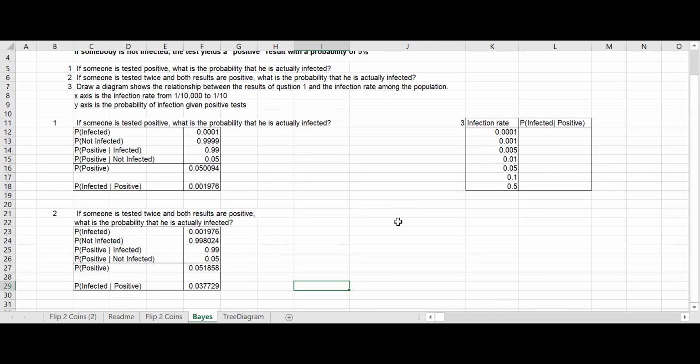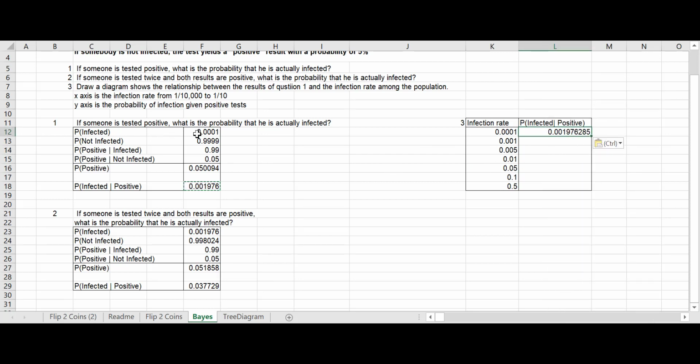So the last assignment for this lab is to plot the relationship of infection rate. Now it is 0.001. If the population infection rate increased, what about if you test positive? What's the probability you got infected? So what I'm doing is I copy the results here and paste only the value.